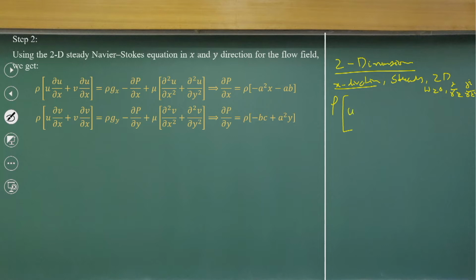So, first I am writing the x direction. This is v del u by del y, that is the convective acceleration part, rho g x, minus grad p by grad x, plus mu times the Laplace operator, that is what we are expanding here.